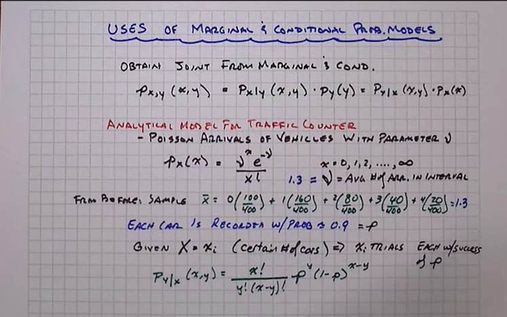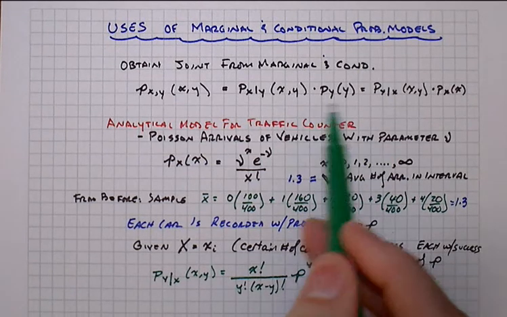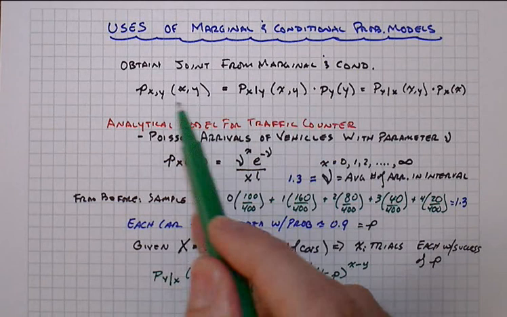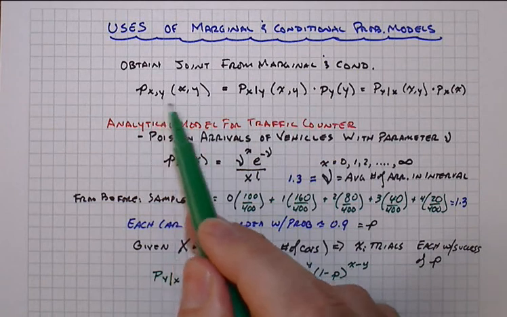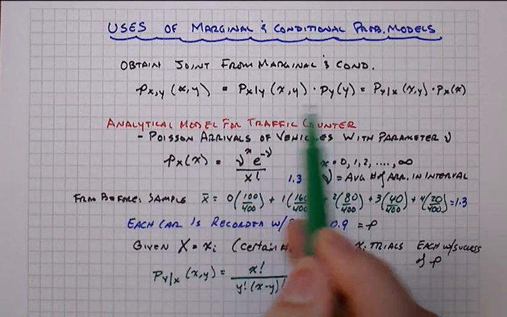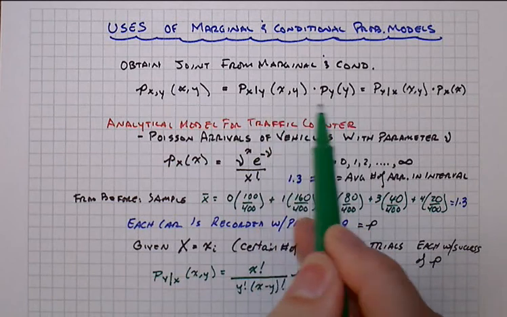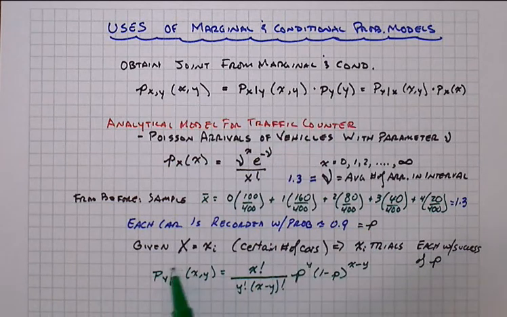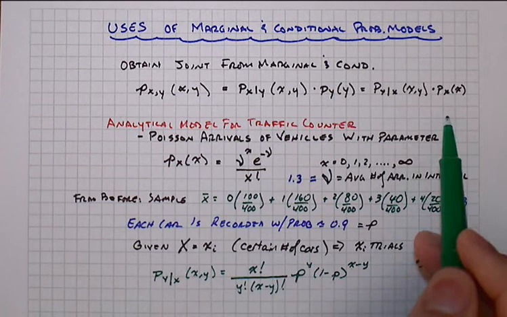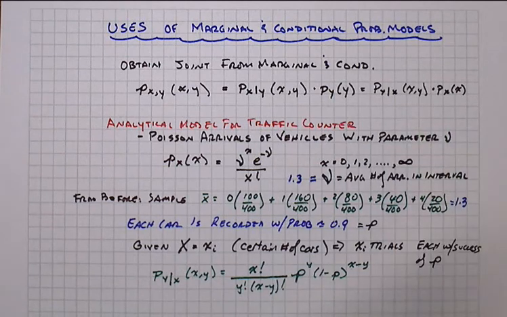Right, so now we start to apply this idea up here, right? That if we want the joint, then we can work with a marginal and a conditional to get that. And since we have p of y given x, the form that we want to use in this case is the second one that's up there.